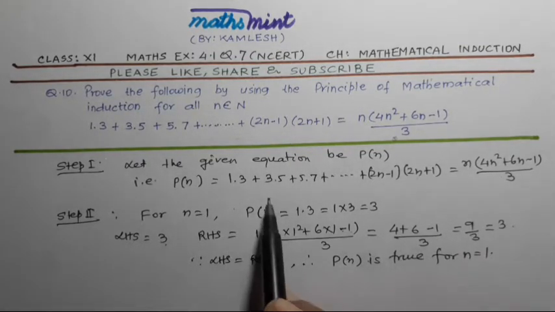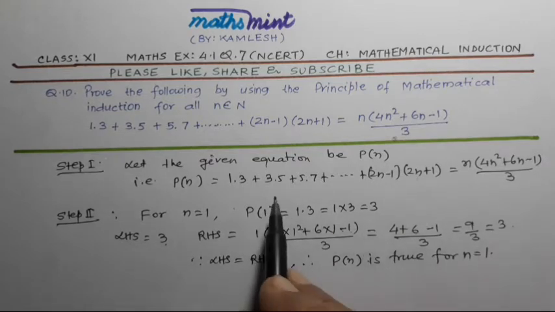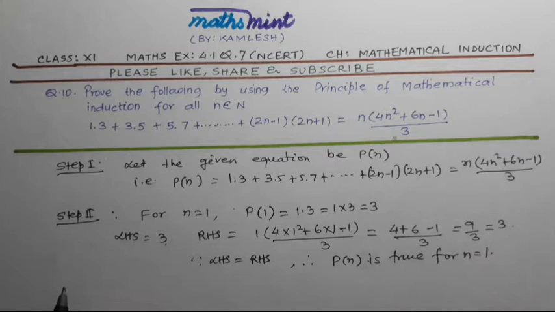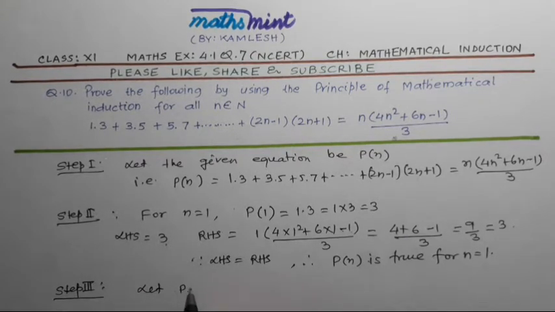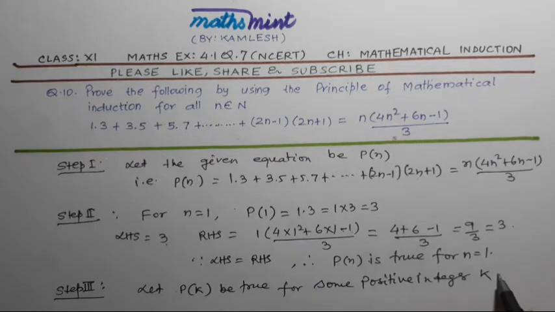And in third step, for first number this is true. For any number, suppose it is k, it will be true, and then we shall find k plus 1, right? Step 3 will be: let P of k be true for some positive integer k.